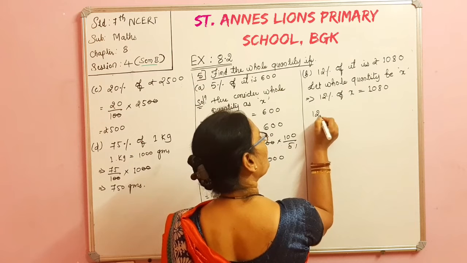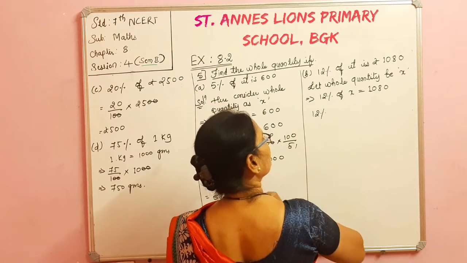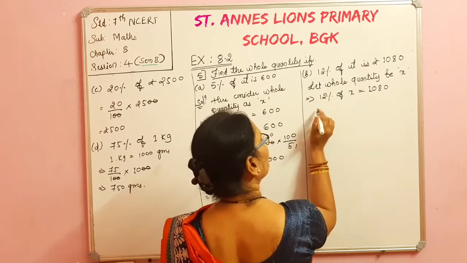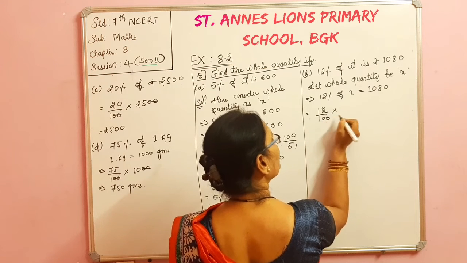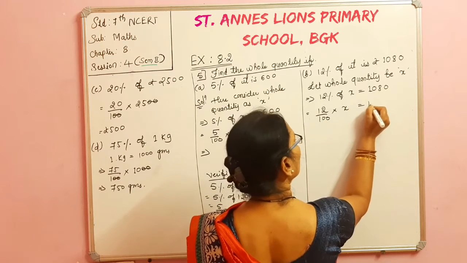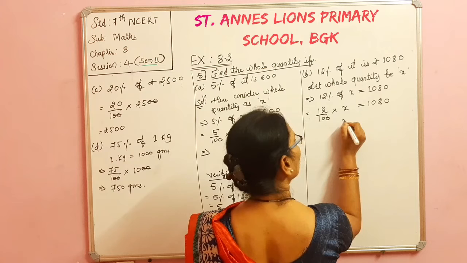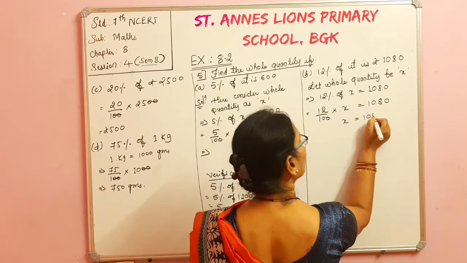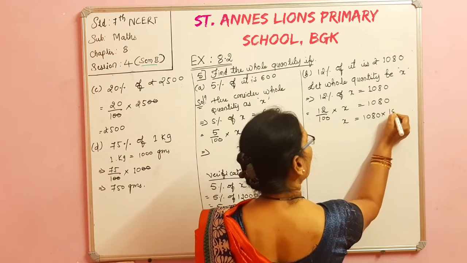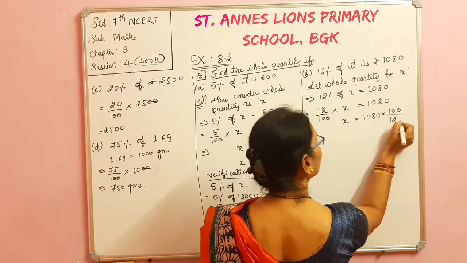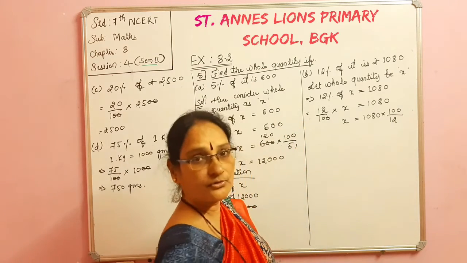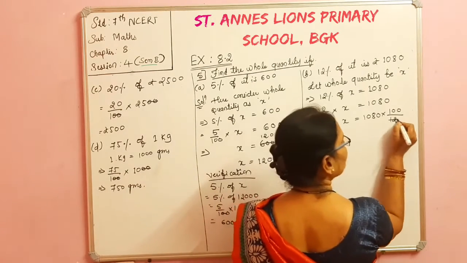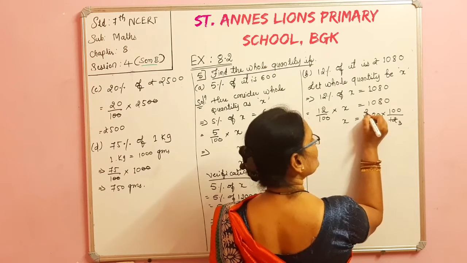Okay. 12% means what? 12 by 100. Of means into. x is equal to 1080. So x is equal to 1080 into 100 by 12. Now 12, we have to cancel it. 4 3s are 12, 4 2s are 8.